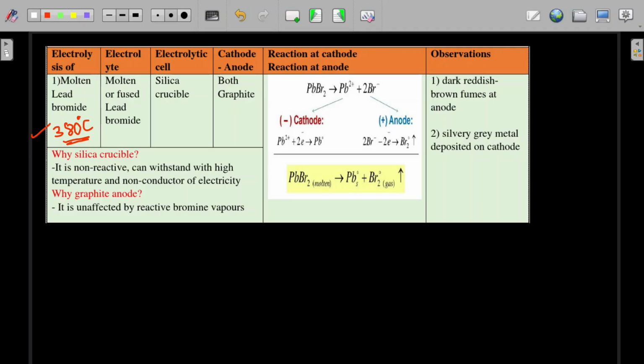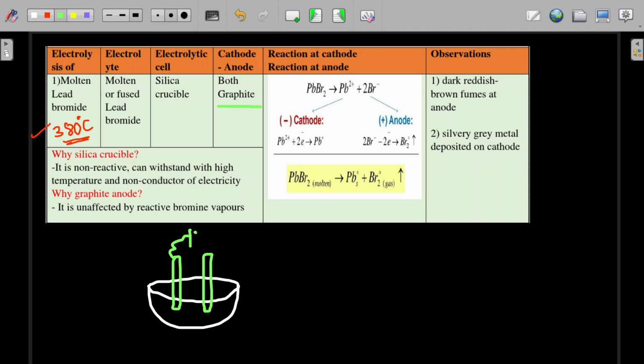Here we do this reaction in a silica crucible. A silica crucible is a white crucible like this, I think you might have seen in the lab. What kind of electrodes are we using? Graphite electrodes. Graphite is an inert electrode, right? Both graphite electrodes, anode and cathode, are connected to positive and negative.